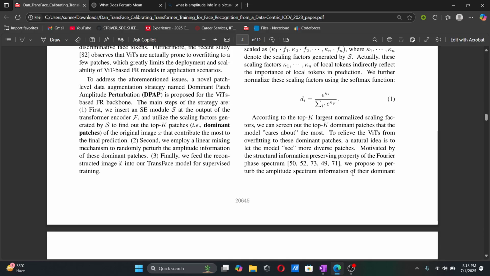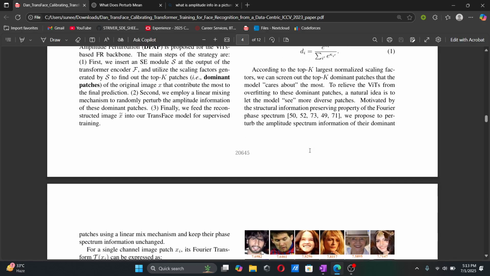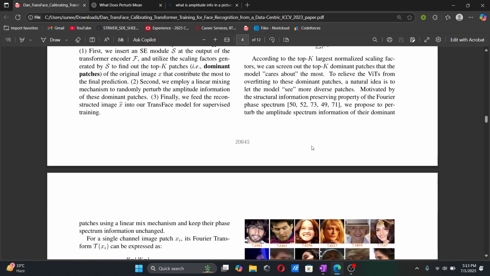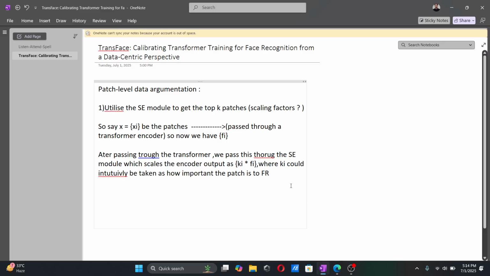So we propose to perturb the amplitude spectrum information of the dominant patches. So the point here is that amplitude spectrum information could be changed or disturbed without having a problem with preservation of facial structure, I guess. So that's the point here.